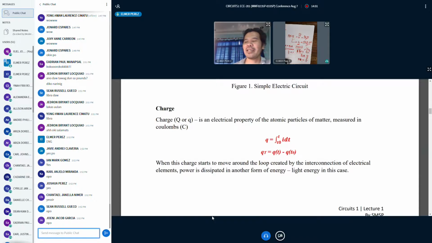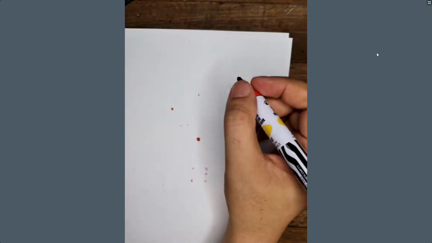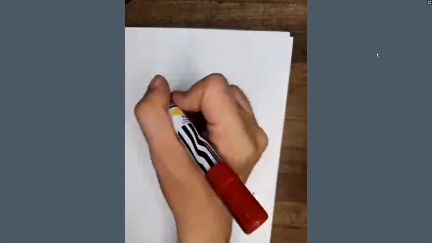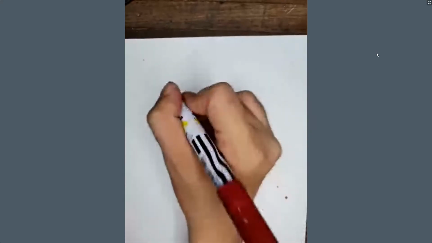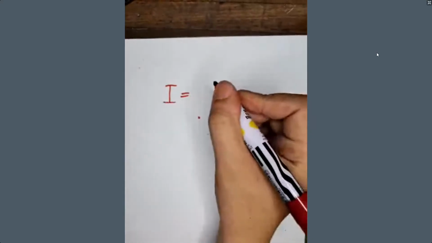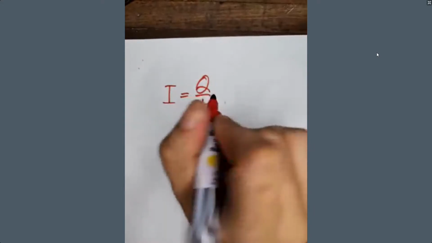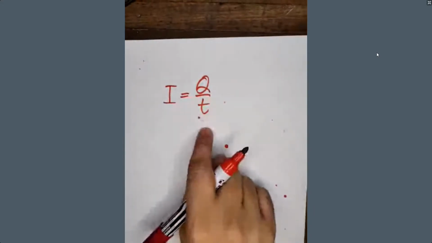We will study current. Meron tayong dalawang klase ng current, yung average current and the instantaneous current. Ang definition ng current, I is equal to charge over time, that's coulomb over time.